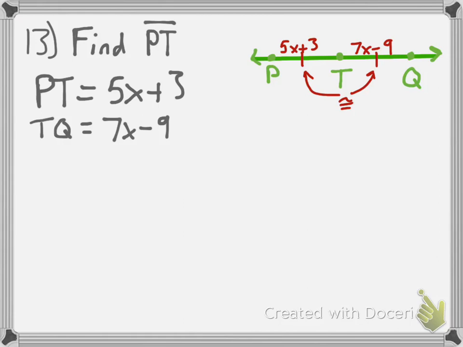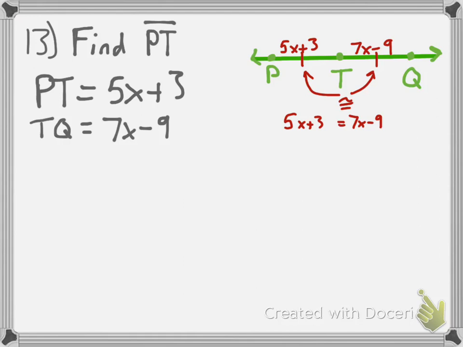So the equation is 5x plus 3 is equal to 7x minus 9. The two segments we are looking at are both equal chunks, so we can put them on each side of the equal sign and set them equal to each other. This will help us solve for x.